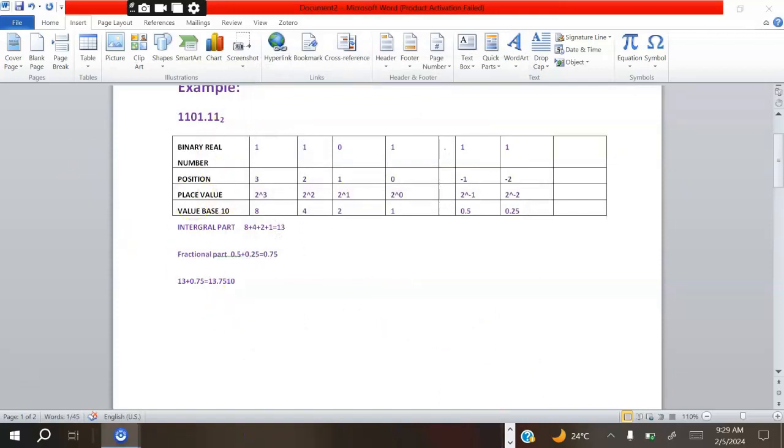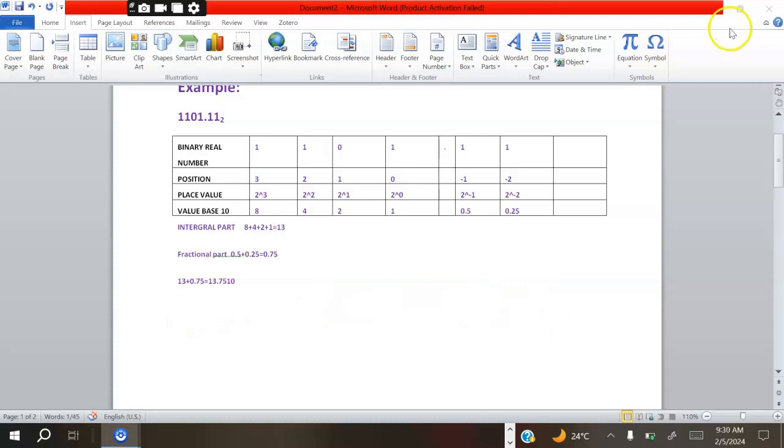Which is supposed to be 13 plus 0.75, which is 13.75 base 10.